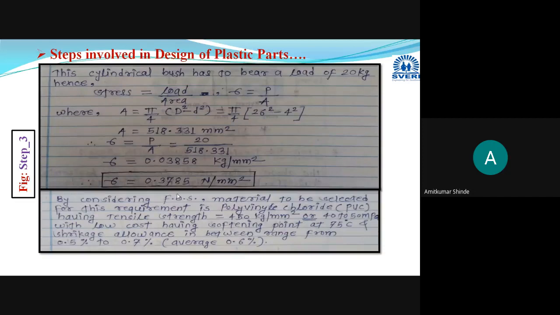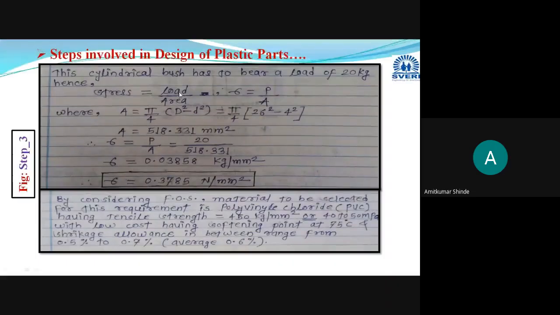But here I have calculated this. As this is a cylindrical bush, it has to bear a load of 20 kg. Hence, the stress acting on that bush is equal to load divided by area. Now here area is equal to pi by 4 times outside diameter square minus inside diameter square.